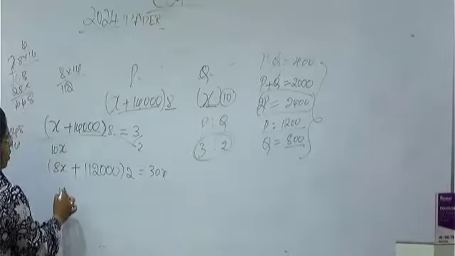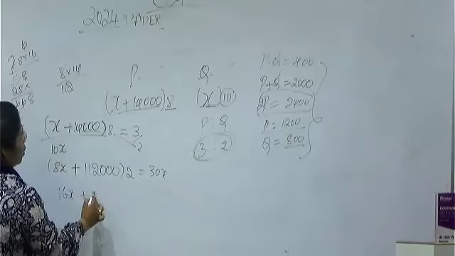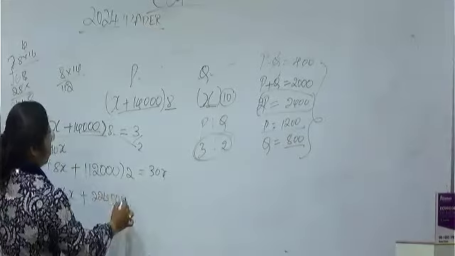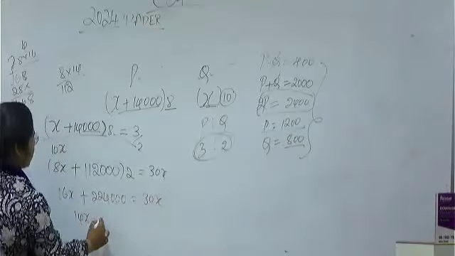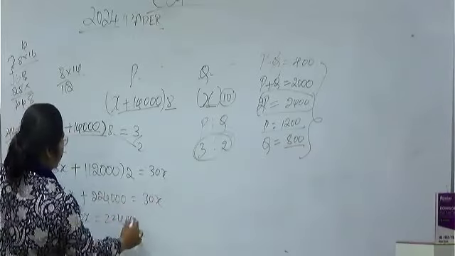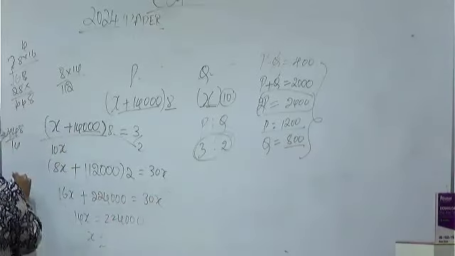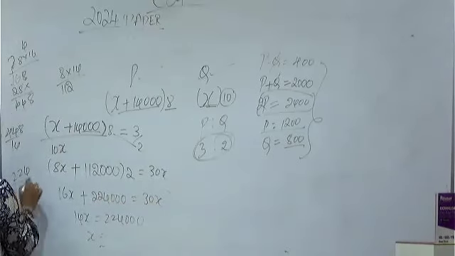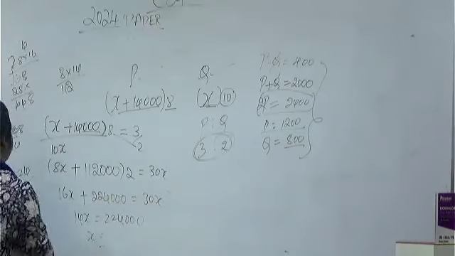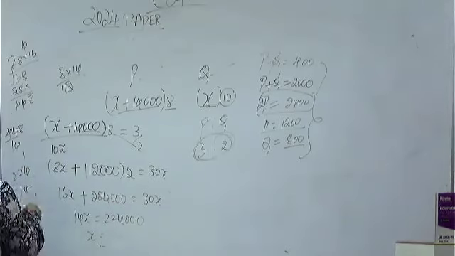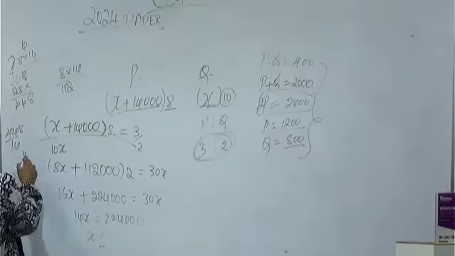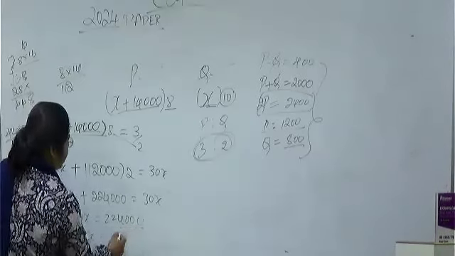At least now you can do 16x plus 22400 is equal to 30x. That means 14x is equal to 22400. X is equal to 224 divided by 14. 16, right? 14 ones are 14. 6 is 16 and 3 zeros, 16,000.